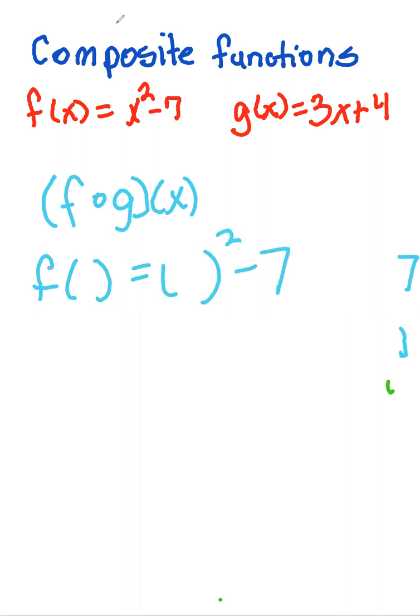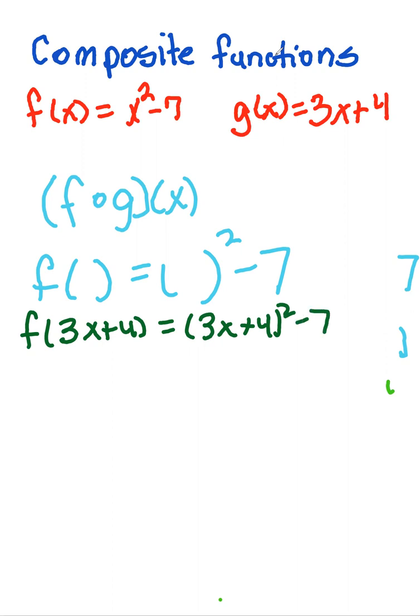So this time I'm going to take my g function, which is 3x plus 4, and insert that into my f function. So f of 3x plus 4 equals (3x plus 4) squared minus 7. Now you need to do the math.